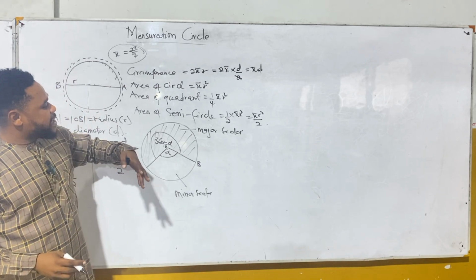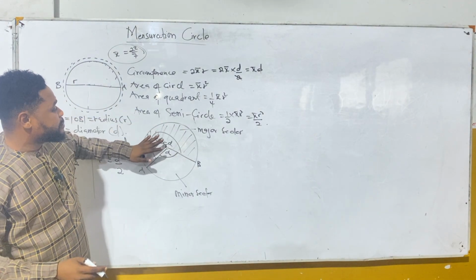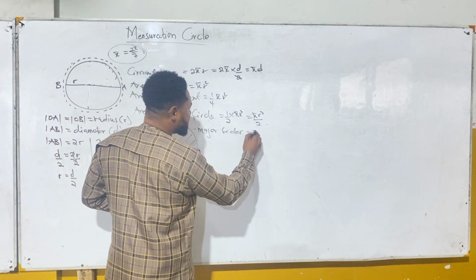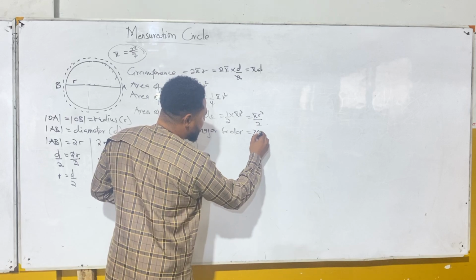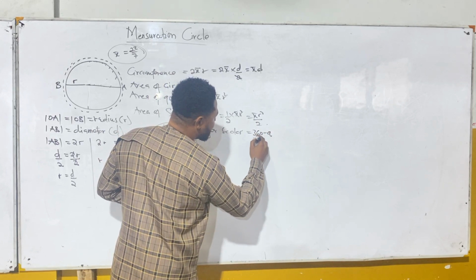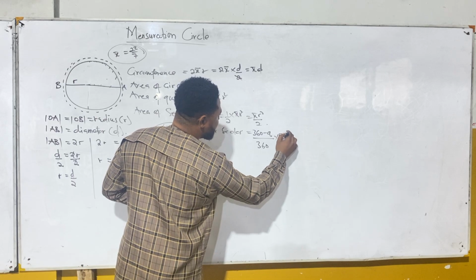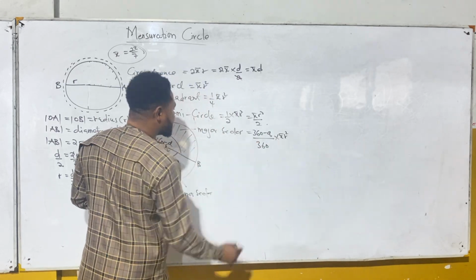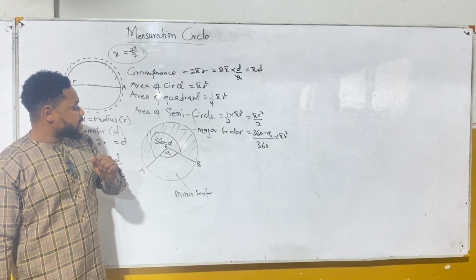If we are asked to find the area of the major sector, the area will be (360 minus alpha) over 360 multiplied by pi r squared. This is the formula we can use to calculate the area of the major sector.